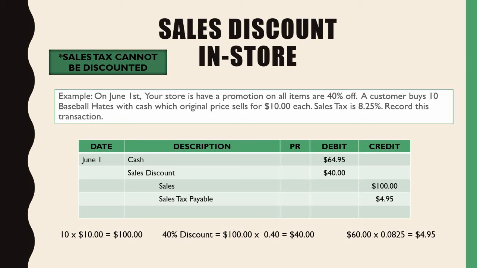That is what the customer is going to walk out of the store with. So I need to calculate my tax off of $60. 60 times 8.25% gives you $4.95. Therefore, the total amount of cash that the customer must give you is $64.95. Any questions here?